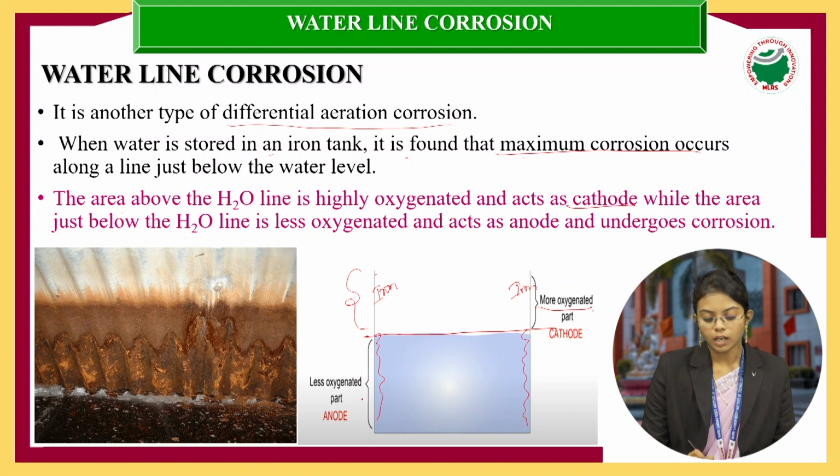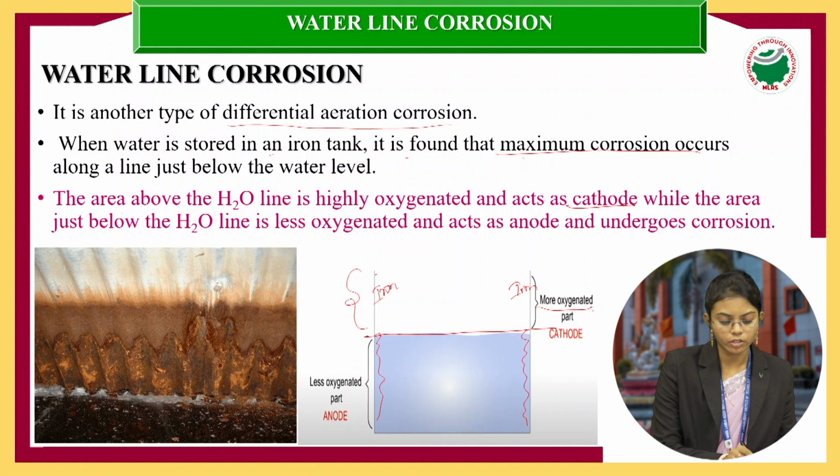Coming to the iron tank or layer that is in contact with the water, it will be less oxygenated and will act as your anode, undergoes the oxidation process and gets corroded. That is why we see a maximum amount of corrosion taking place below the water line of the tank.